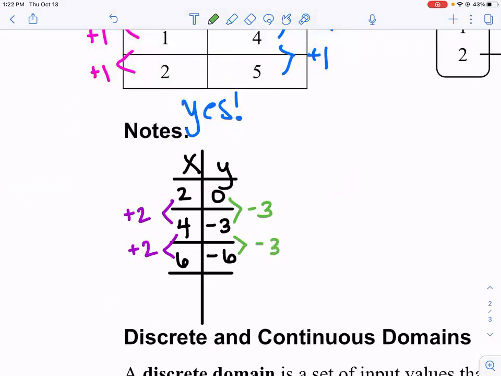Now my x change and my y change don't have to be the same, but my x change needs to be constant and my y change needs to be constant. Since my x's are changing at the same rate, we're good there. My y's, are they constant? They change the same. So yes, this is a linear function.